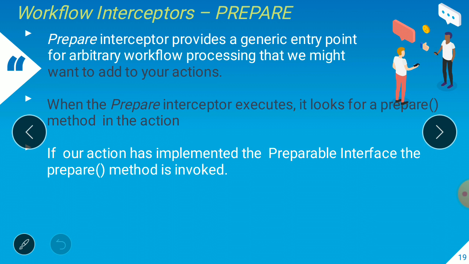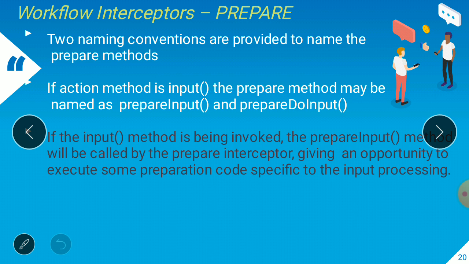When the prepare interceptor executes, it looks for the prepare method in the action. So if I use a prepare interceptor, then inside I must have written a method called prepare in the action. That prepare method can be implemented when we use the interface Preparable. If you use the Preparable interface, you get the prepare method. But we have some rules to write this method.